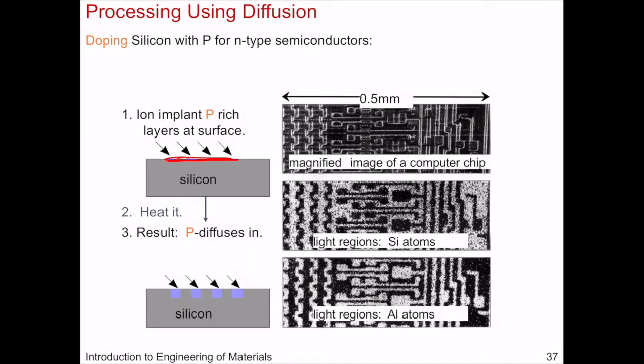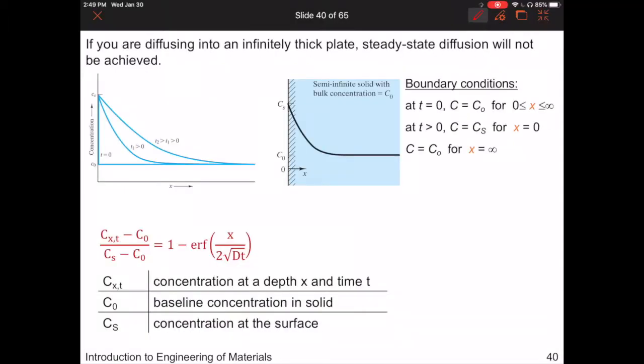And then that's followed by a heat treatment in which the phosphorus will diffuse into the crystal structure. The phosphorus atoms that are right at the surface aren't necessarily in crystal sites just yet, but after the heat treatment, the atomic structure will rearrange and it'll become crystalline.